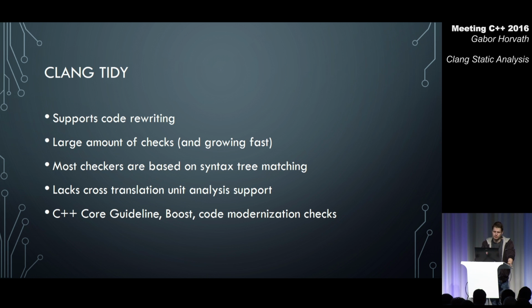Most of the checks are based on syntax tree matching, but even though the analysis is not that deep, some of those checks are very, very useful, and they are also very reliable. It also lacks cross-translation unit analysis support, and there are a lot of useful checks for the C++ core guidelines or Boost, or there are also code modernization checks, so it can convert some of the loops to range-based for loops, for instance.